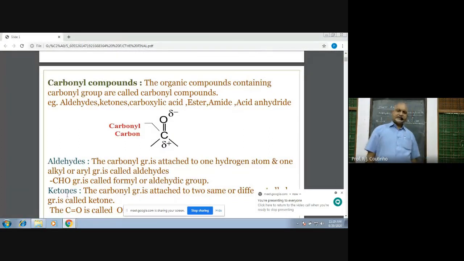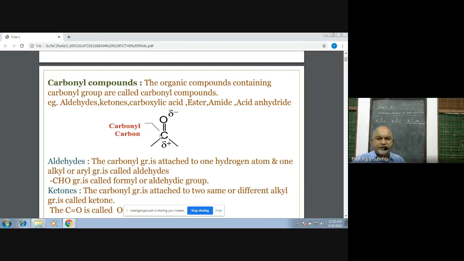Here is what we can see on the screen: a carbonyl compound. What is a carbonyl compound? A carbonyl compound is nothing but an organic compound containing a carbonyl group. This is a carbon.